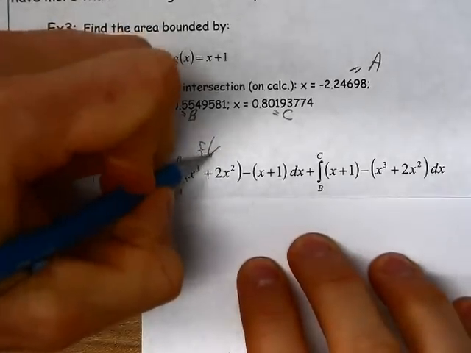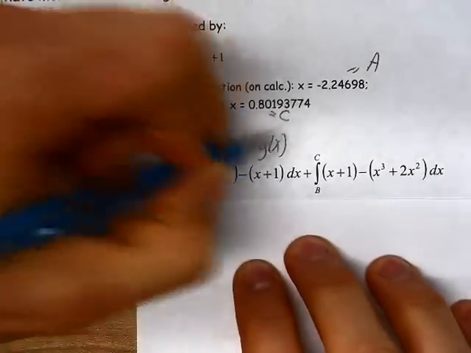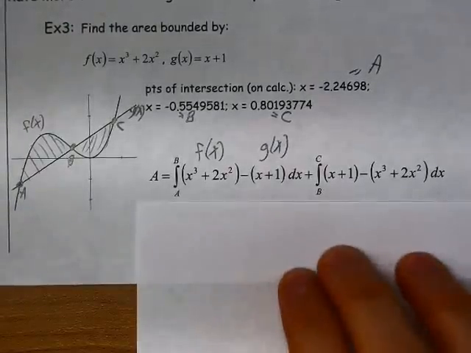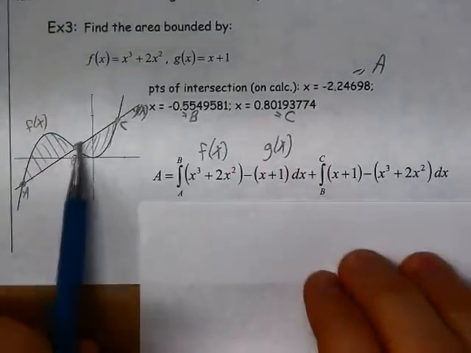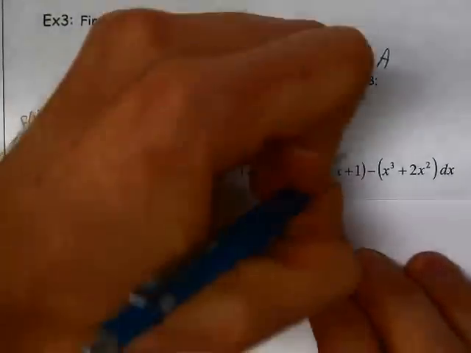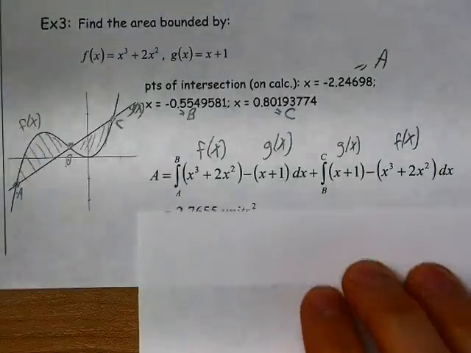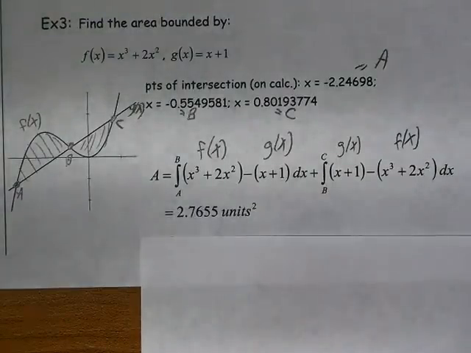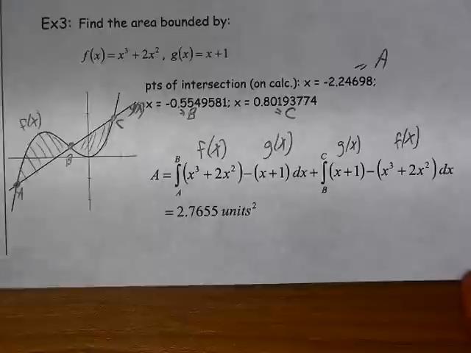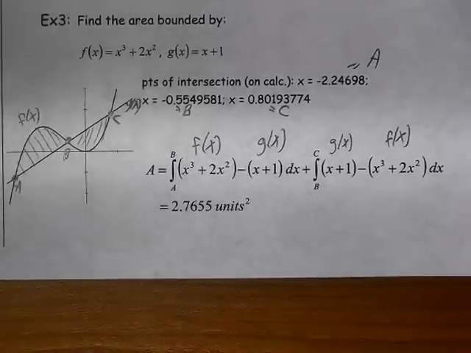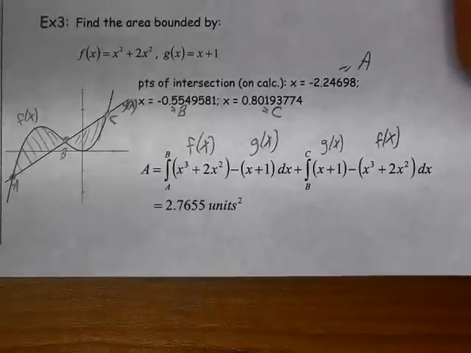This is f of x, and this is g of x. Then from B to C, g of x is the top. So here's my g of x, and here's my f of x. And when I do that, I get 2.7655 square units.